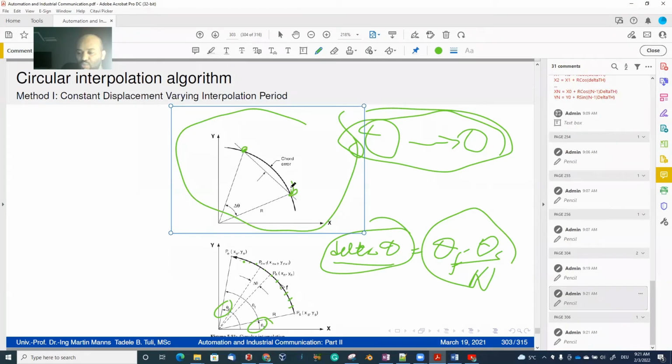Your task is to make this path plan. If your delta theta doesn't comply with the chord error, then you will have some problem, so I will tell you that.